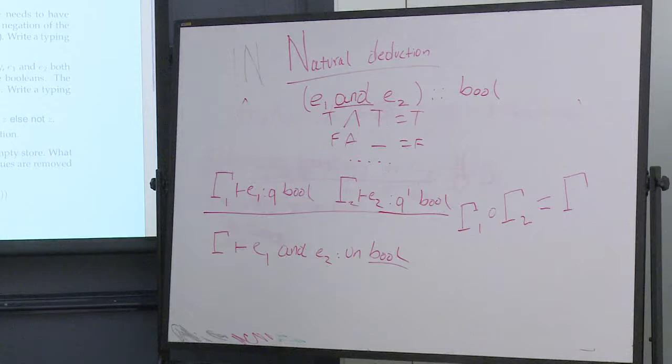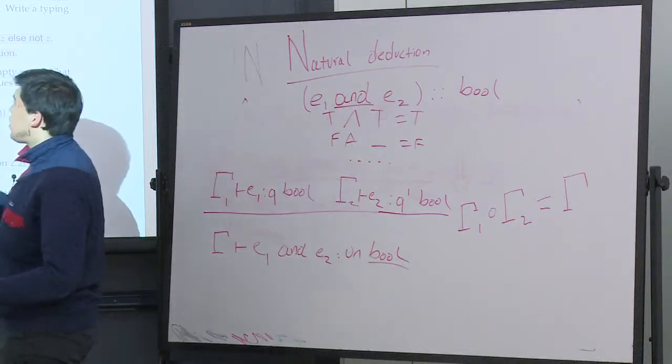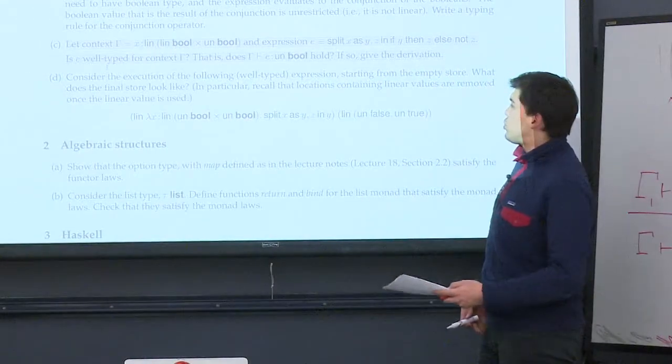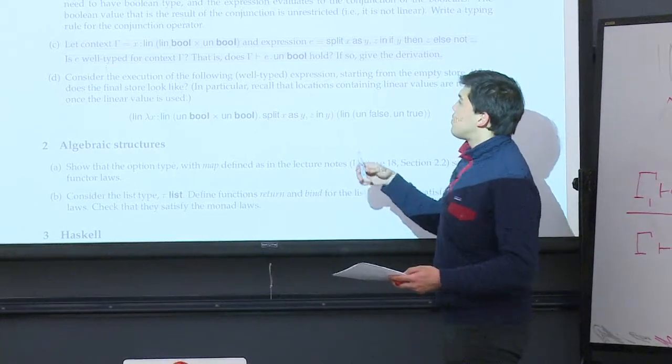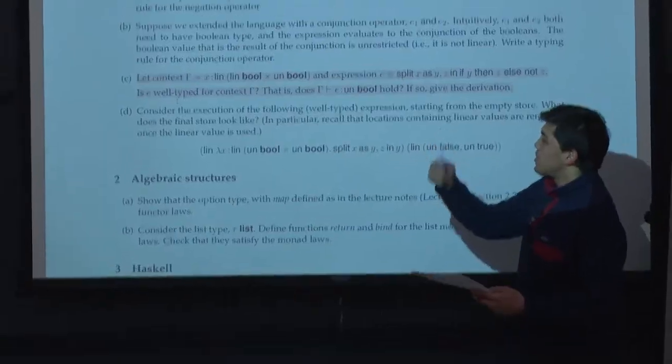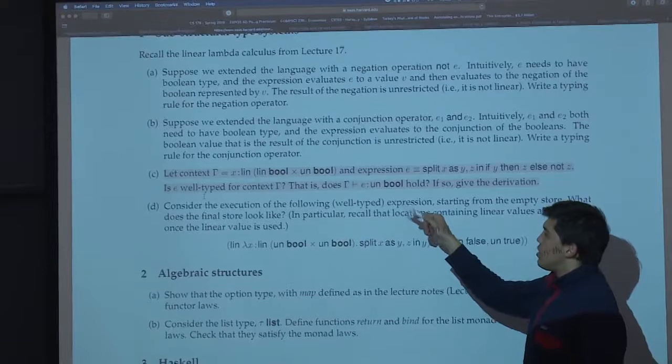So now let's go into our third question, 1C. So let us just display the question here. Yeah. So here we have the context gamma, which will have a variable x with type linear, and then parentheses lin bool times un bool.